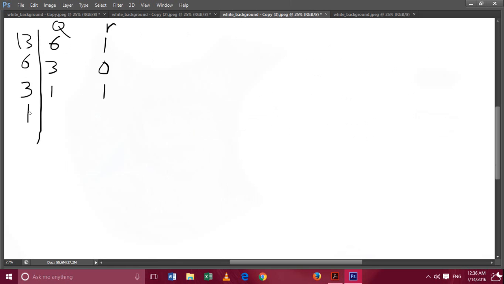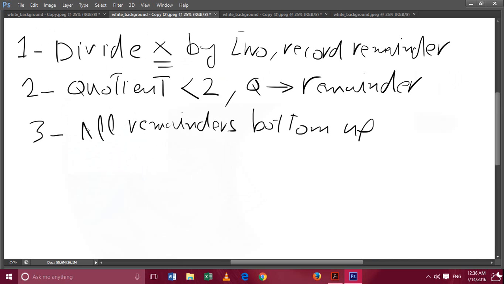So this is less than 2. We put it here, and we understand that we are done because this is less than 2, the base. And the binary representation will be this, but as we said, from the bottom up. See here? It says all remainders bottom up.